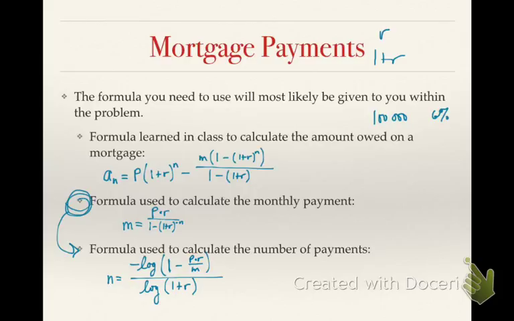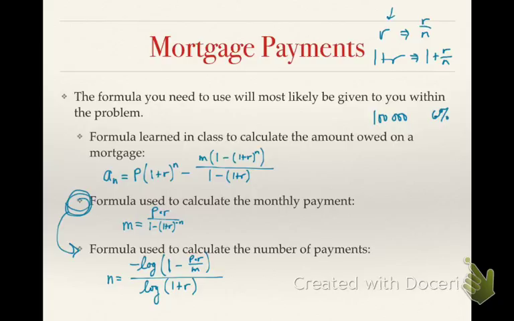This r is actually the rate over the number of compounds, because it's the interest rate you actually have at each compound. So just be careful about that. For the 1 plus r, you're really having to plug in 1 plus r over n.